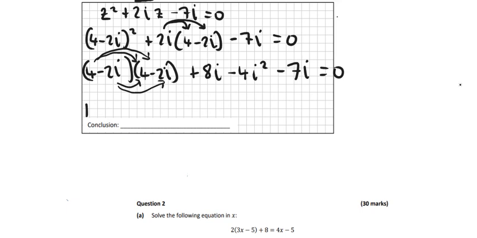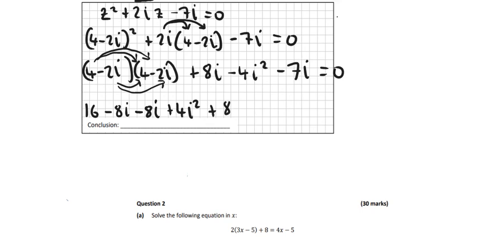So what you should get in the end is 16 minus 8i minus 8i plus 4i squared, because you've got minus 2i multiplied by minus 2i. Minus times minus gives us a plus, 2 times 2 is 4, and i times i is i squared.